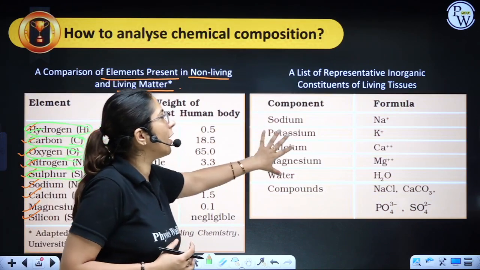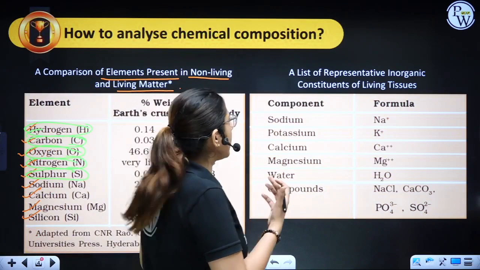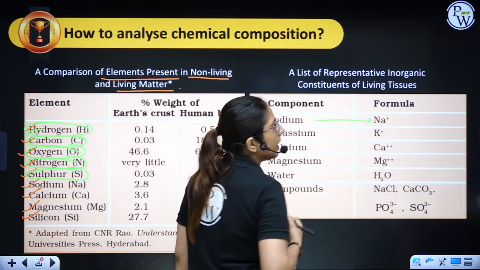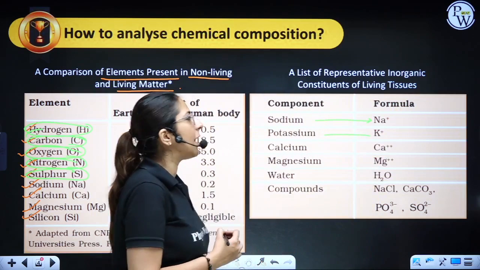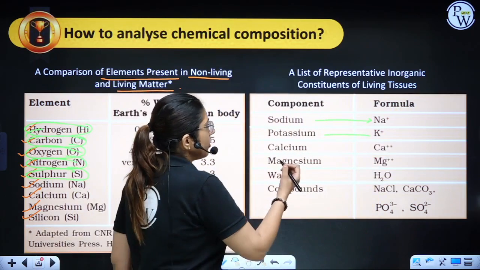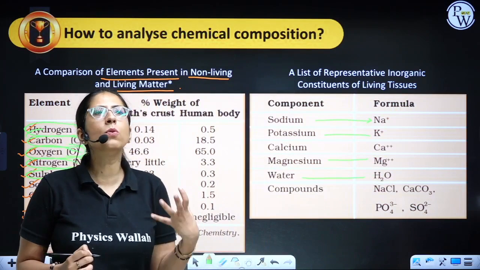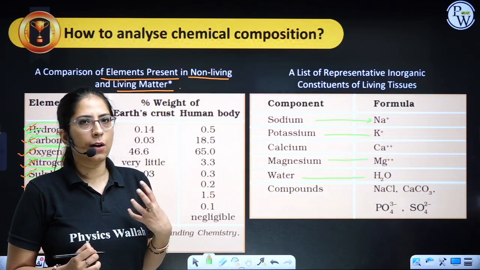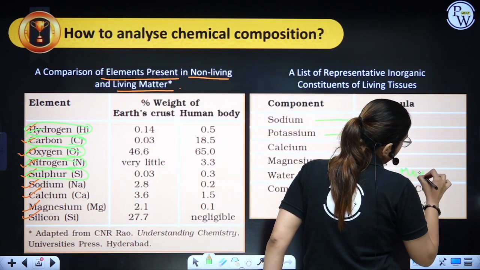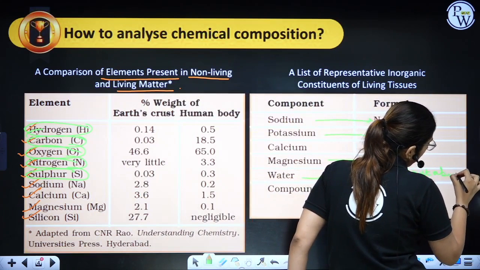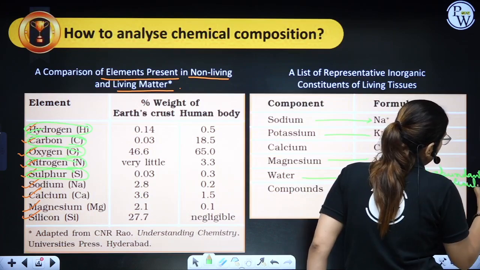To talk about the inorganic constituents, they are present in different forms in the living tissues. For example, you will find sodium as Na positive, potassium as K positive, calcium as calcium 2 positive, magnesium like this, and water. Water is the most abundant molecule as far as the living cells are considered.